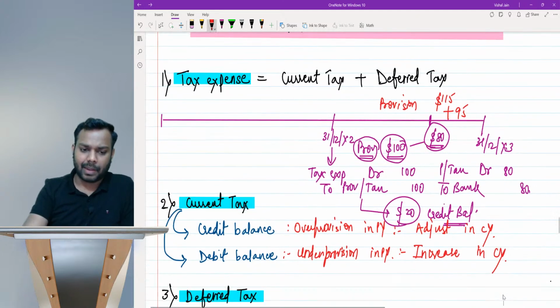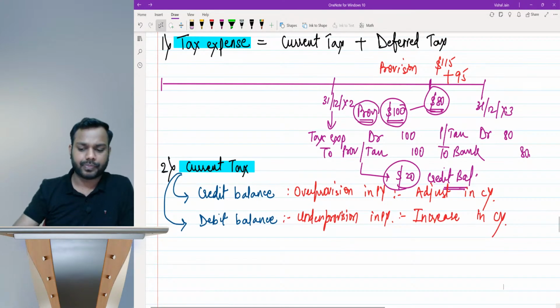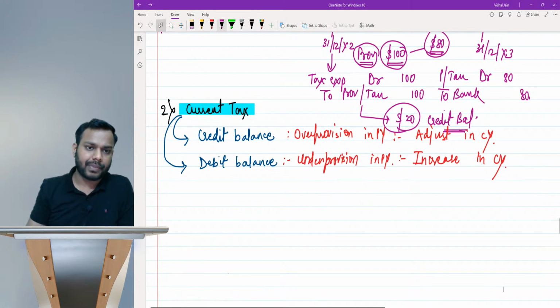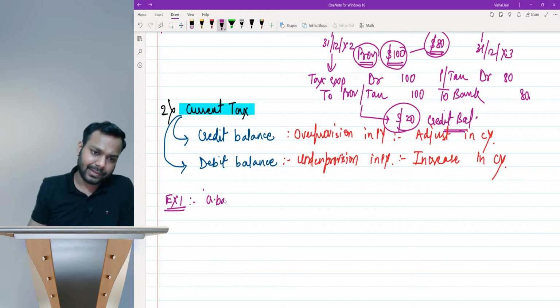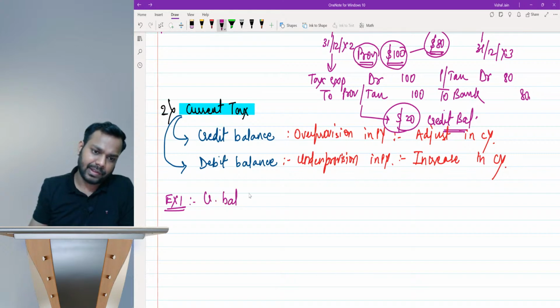Okay, now let's take up an example which will help you in better understanding of this. Example 1: credit balance in current tax, credit balance of current tax is $2.4 million.